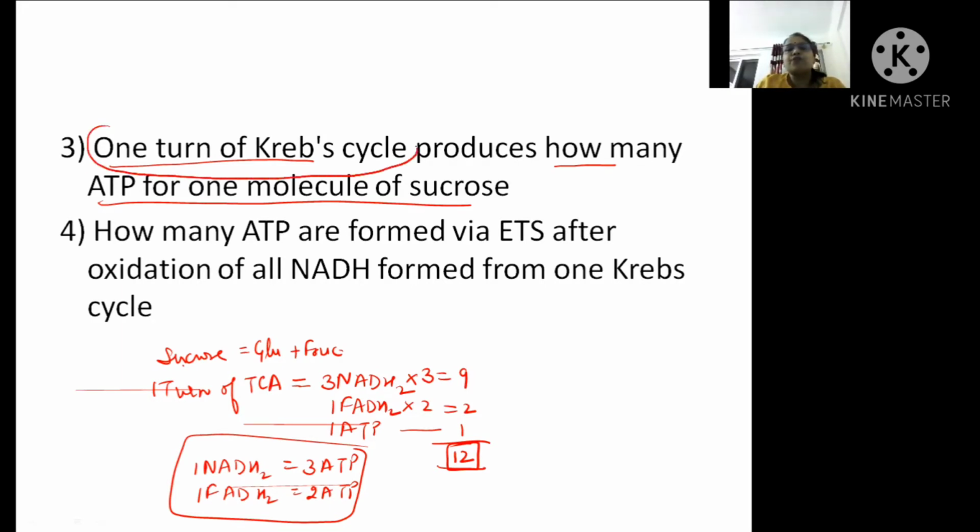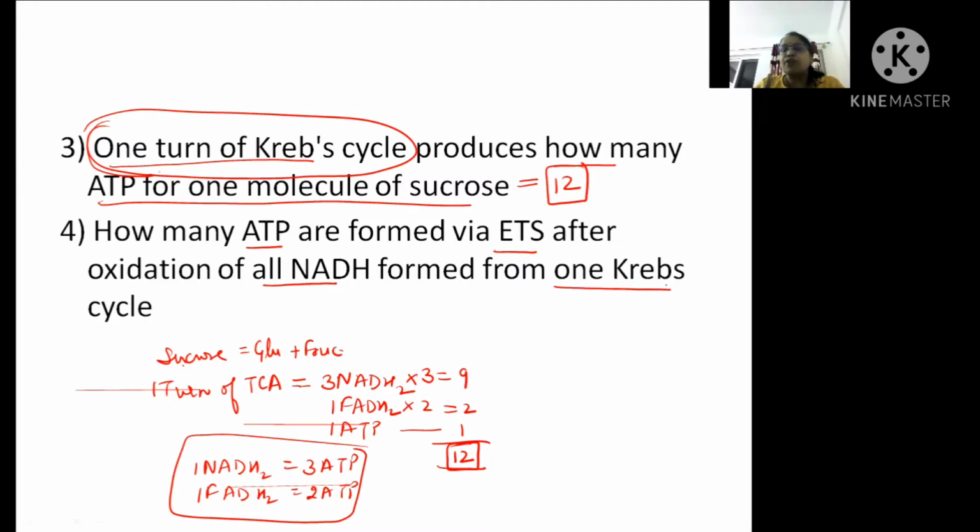Don't get confused here. Just remember 1 turn of the Krebs cycle will produce only 12 ATP, whether you use glucose or sucrose. Clear?